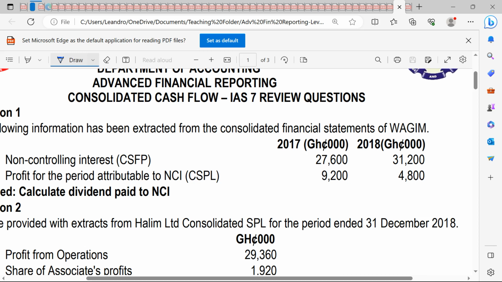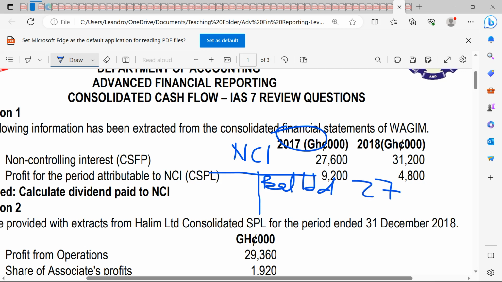Now, your NCI is an equity item, which means it has a credit balance. So you have your balance brought down, which will be the 2017 one, and that will be 27,600. And then you have your balance carried down, which will be the 2018, and therefore that will be 31,200.